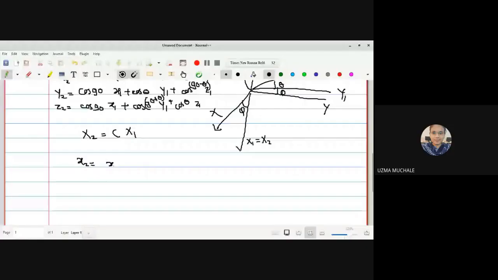Next, y2 is equal to cos theta into y1 plus sin theta z1. Next, z2 is equal to minus sin theta into y1 plus cos theta z1.